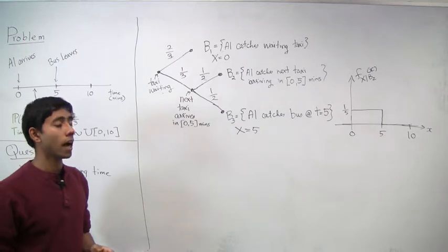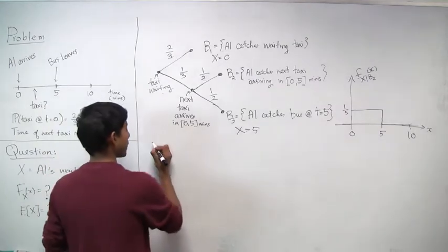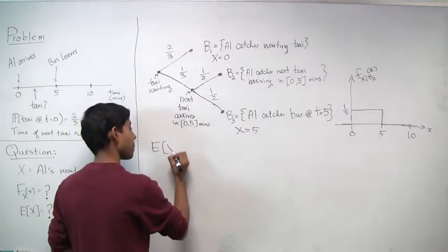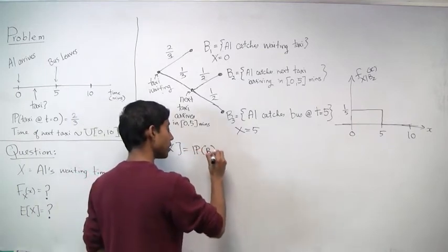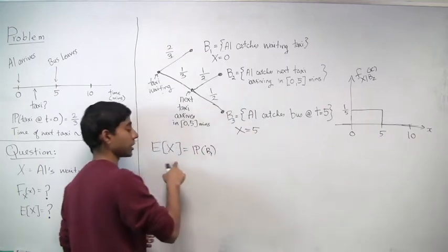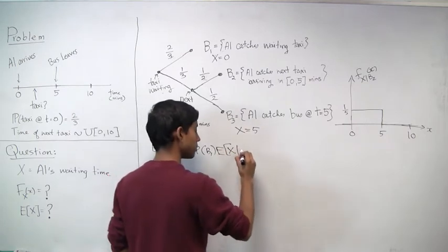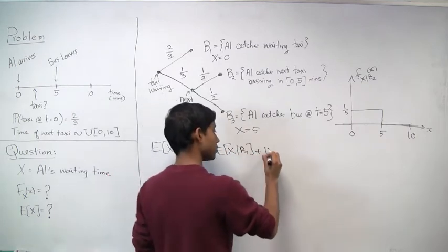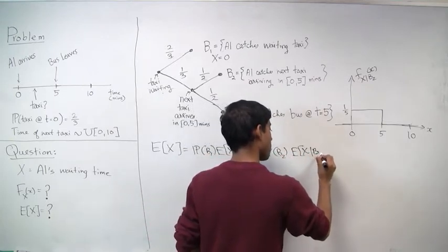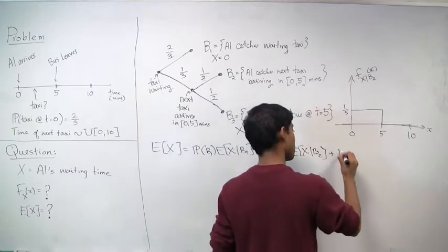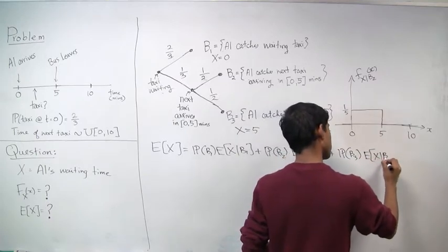So how do you define an expectation in this case? Well, you can do it so that it satisfies the total expectation theorem, which means that the expectation of x is the probability of B1 times the expectation given B1, plus the probability of B2 times the expectation of x given B2, plus the probability of B3 times the expectation given B3.